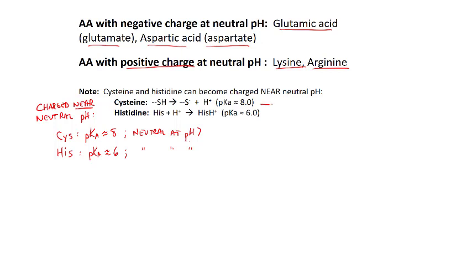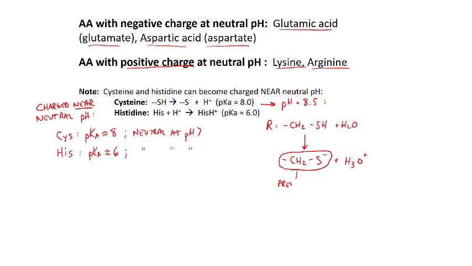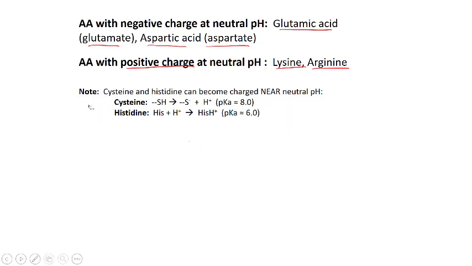So what that means is that if you raise the pH up to, say, 8.5, cysteine, whose R group is SH, is going to lose a proton and become S-. So this is the form that predominates at pH above 8.